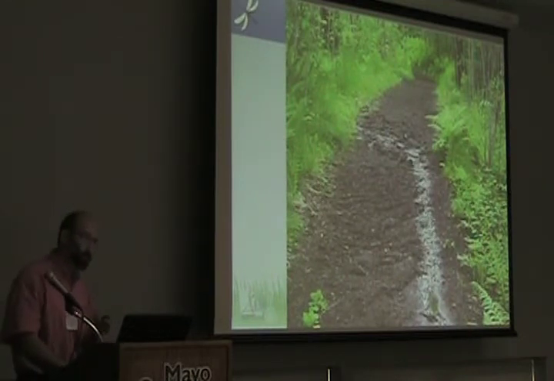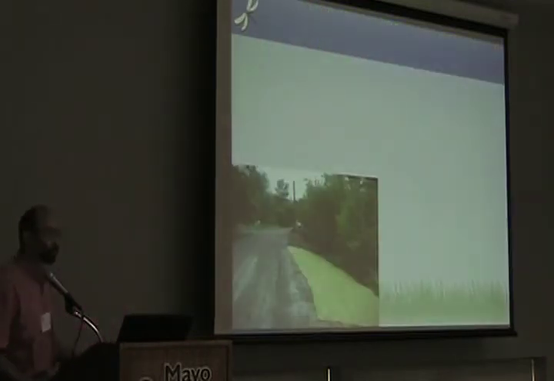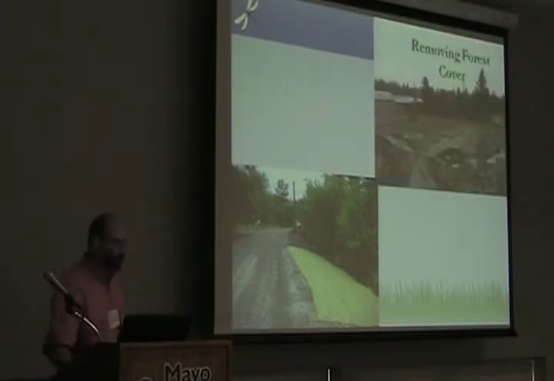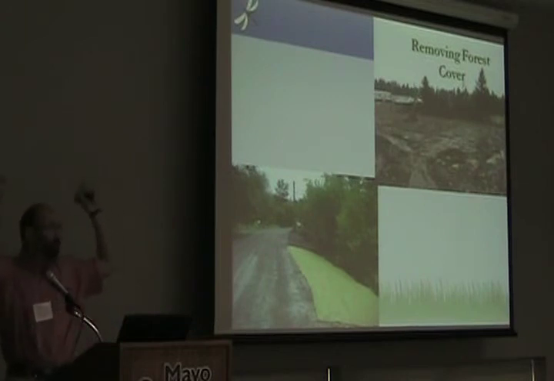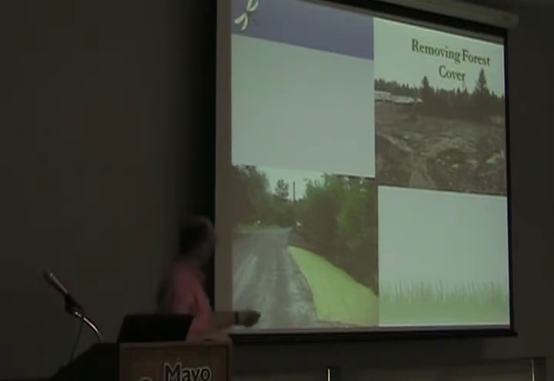Of course, we do slightly larger alterations to our landscape. We do a little bit more of the wood chip paths, roads, ditches, things that channelize water. We remove vegetation, so all of those leaves that used to be catching that water are now gone, and that water is hitting directly on top of the soil. If we scrape that soil off, we lose all that organic matter that used to hold water.